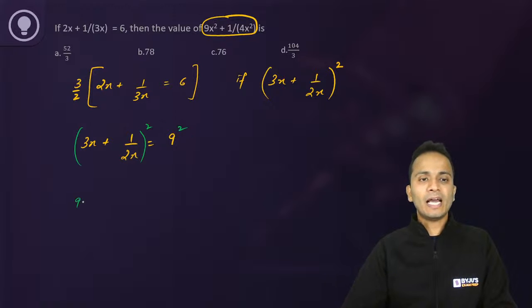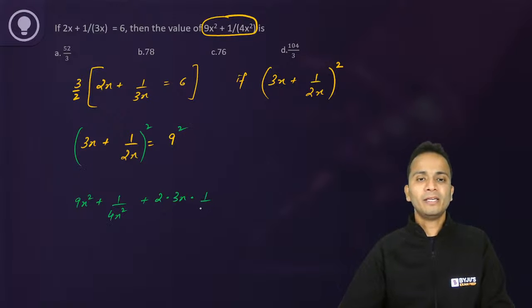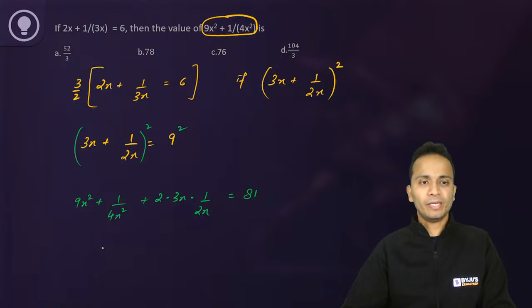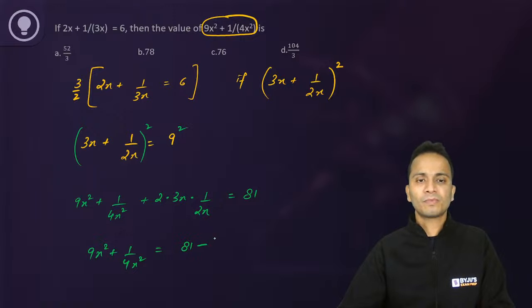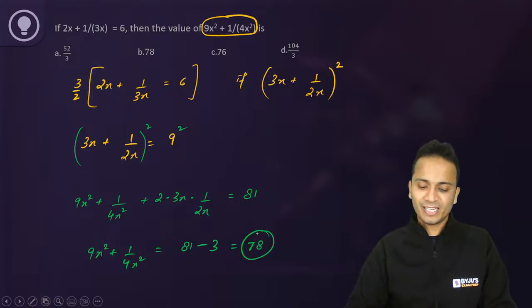So you will get 9x square plus 1 upon 4x square plus twice of 3x multiplied by 1 upon 2x. On the right hand side, it will be equal to 81. So now 9x square plus 1 upon 4x square will be equal to 81 minus 3, and that is 78. So 78 will be the correct answer.